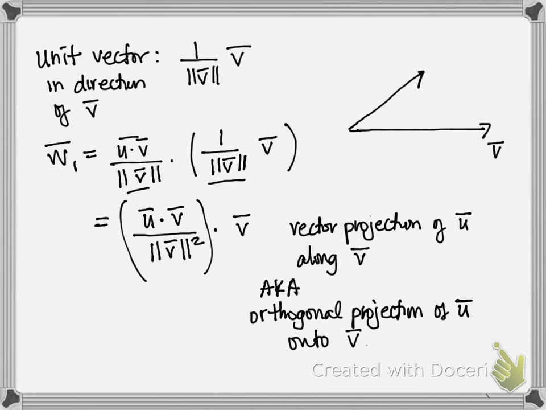It's as if we just took a light up here, this is u, and we shined it down on this vector u, and it just casts like a shadow onto v. And so when it does that, you get this vector w1. You can think about this as the part of u that's running in the direction of v.